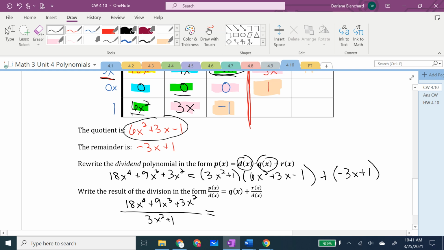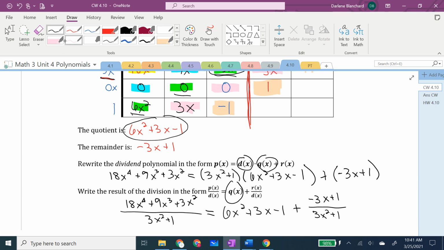The result of doing that division is the full quotient, 6x squared plus 3x minus 1, plus a remainder that you were not able to take through the division by the 3x squared plus 1. So just to make sure we're clear, you are getting a full polynomial and then a remainder.